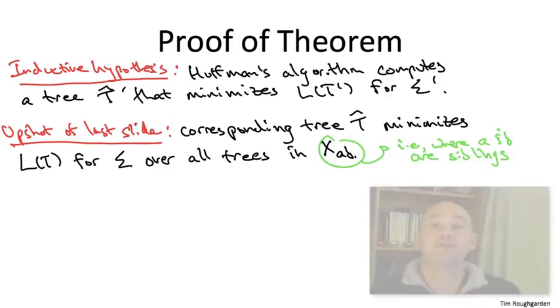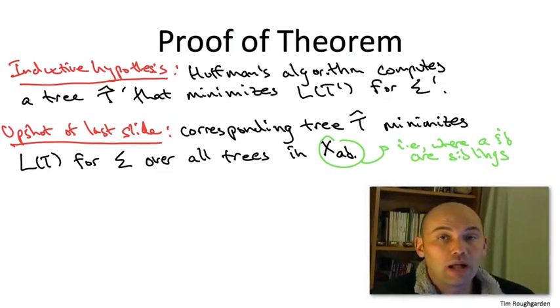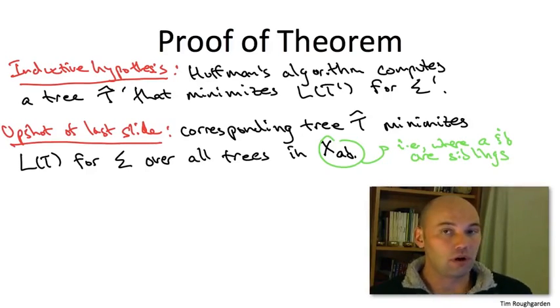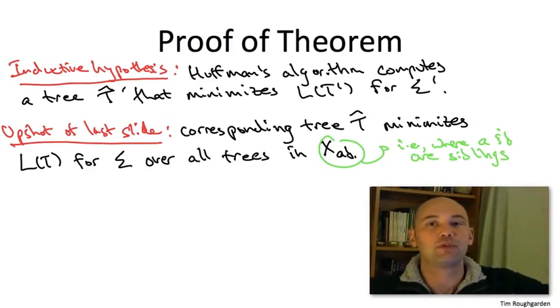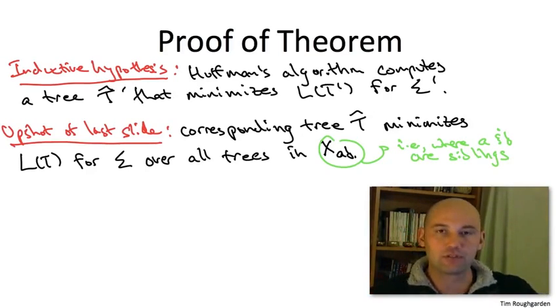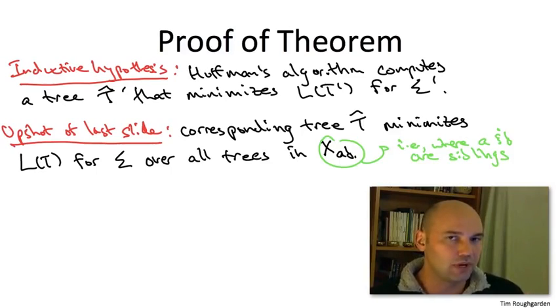Now, does this do us any good? Well, it depends. What was our original goal? Our goal was to get the smallest average encoding length possible over all feasible solutions in the world. And so what have we just figured out? We figured out that we're getting the best possible scenario amongst some solutions, those in which A and B happen to be siblings.